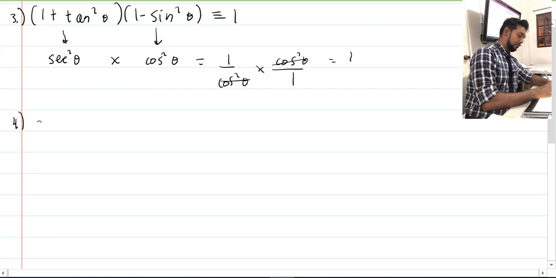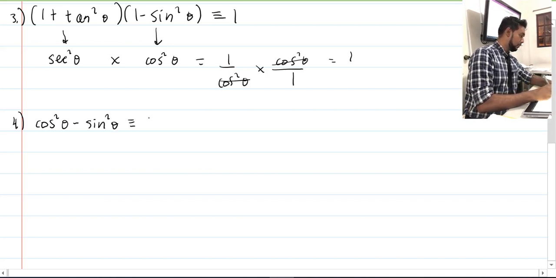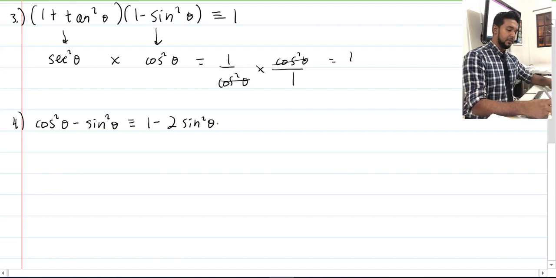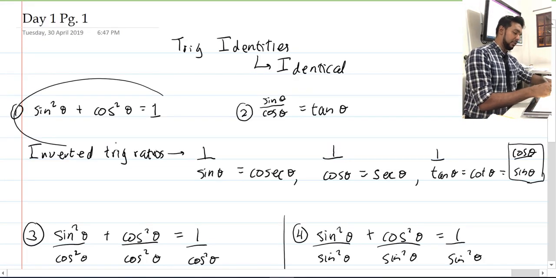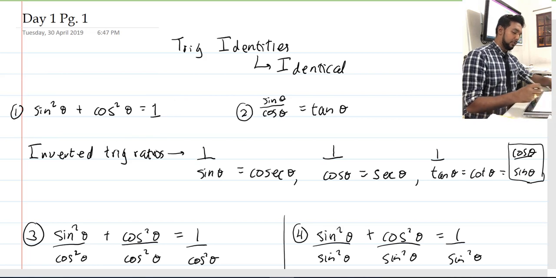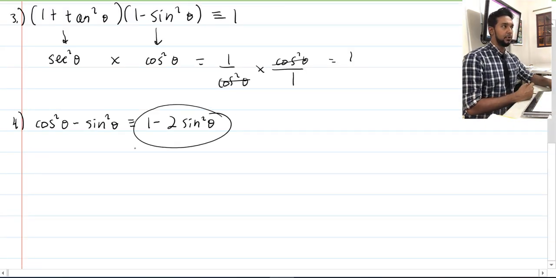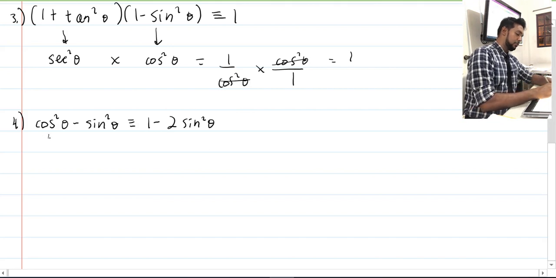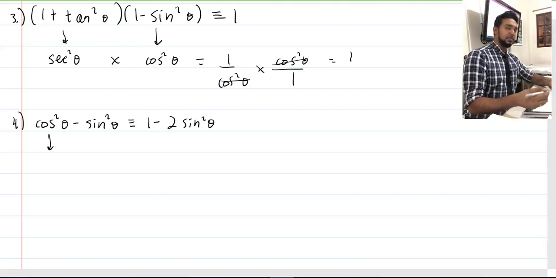Okay, here we have cos squared theta minus sine squared theta, and that's identical to 1 minus 2 sine squared. Alright, so whenever you have cos squared and sine squared, we usually gravitate towards using this, but here it's sine squared plus cos squared. But the thing is, if we notice here, we only have sine squared and not cos squared. So we could actually use sine squared plus cos squared.